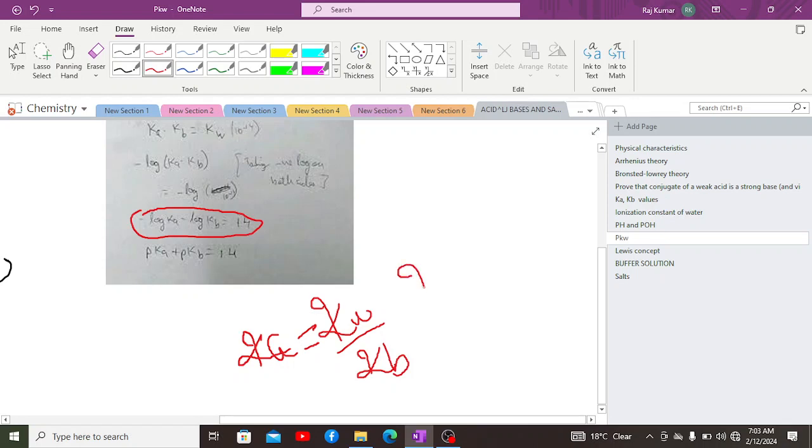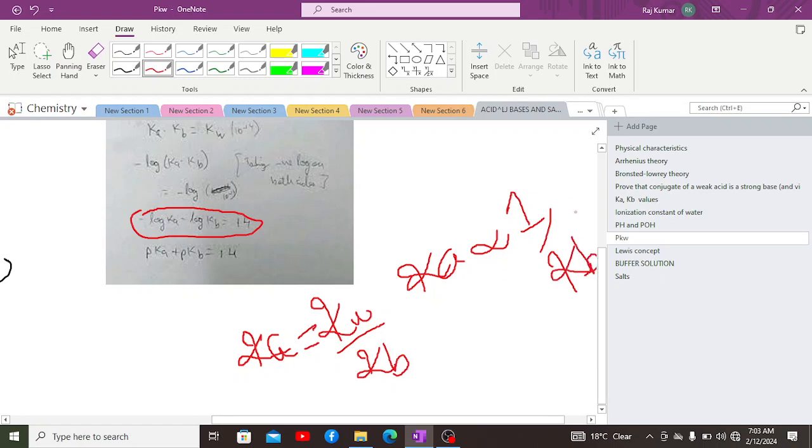So, since Kw is a constant, we can remove the proportionality sign by removing the constant, and simply derive a relation between Ka and Kb such that Ka is inversely proportional to Kb.